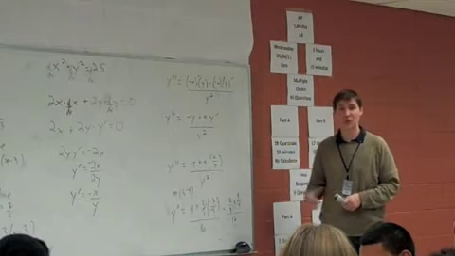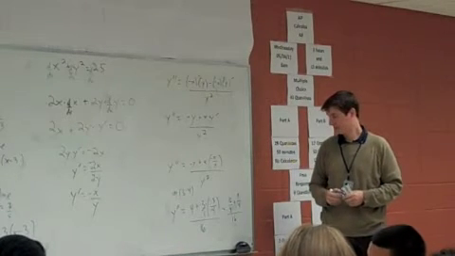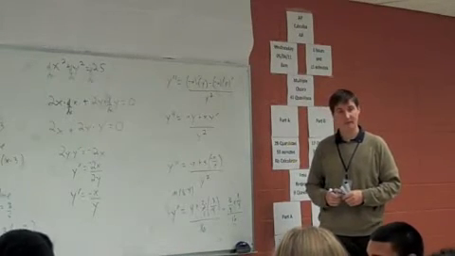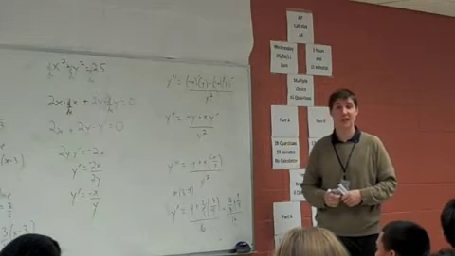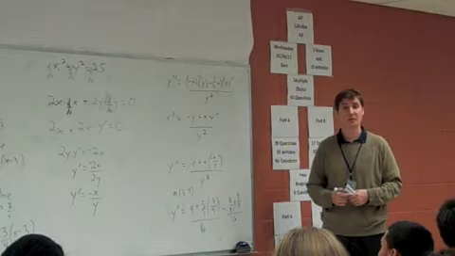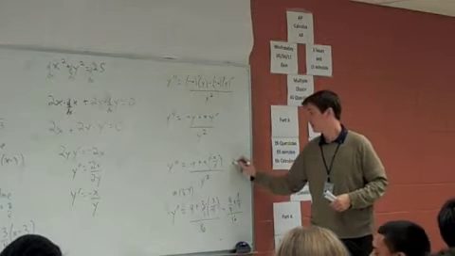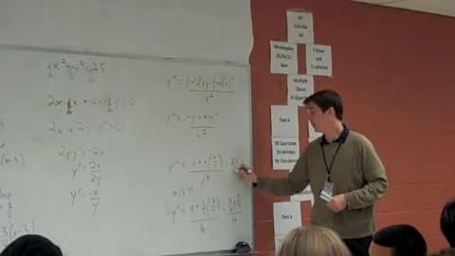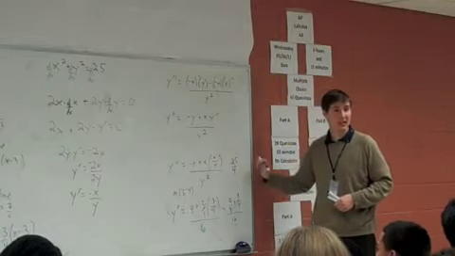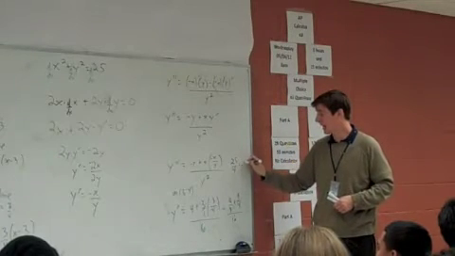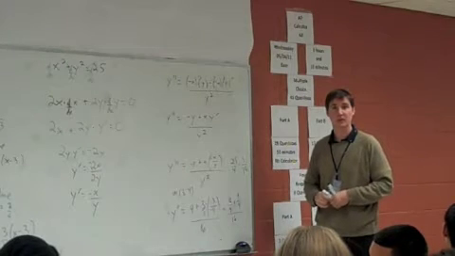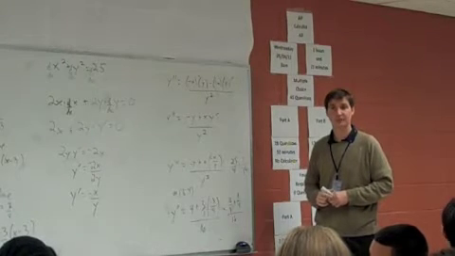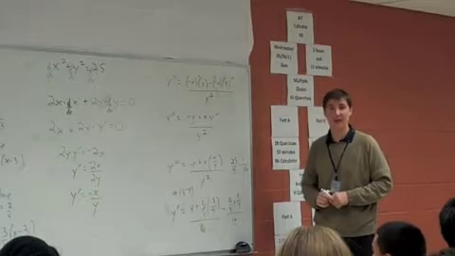Now you can add your numerators together and you get 25/4. 25/4 divided by 16 is the same as 25/4 times 1 over 16, which equals 25 over 64.